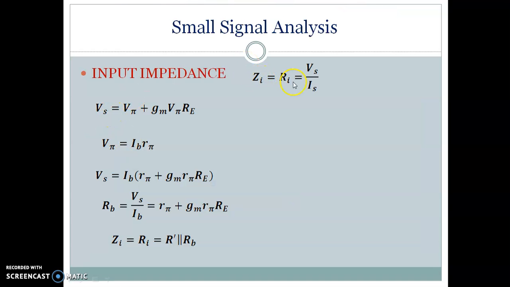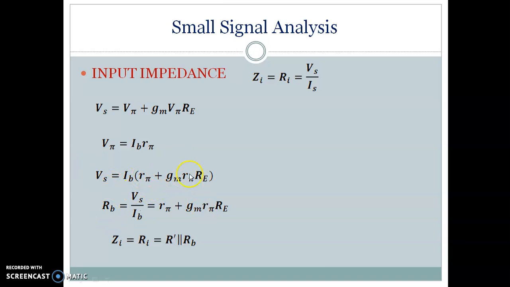So your Zi is equal to Ri is equal to Vs by Is, where Vs will be the drop across your R pi resistor plus the drop across your emitter resistor, which is gm V pi RE, but your V pi will be equal to IB R pi. So it is IB times R pi plus gm R pi RE. This is your Vs.